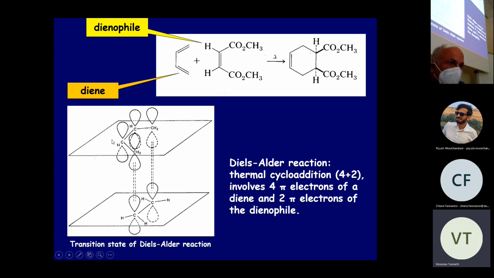You have the butadiene here, and then you see the double bond. We can have an overlapping of the 2 orbitals, and then the formation of a new bond. Cycloaddition, 4 plus 2 to give 6.